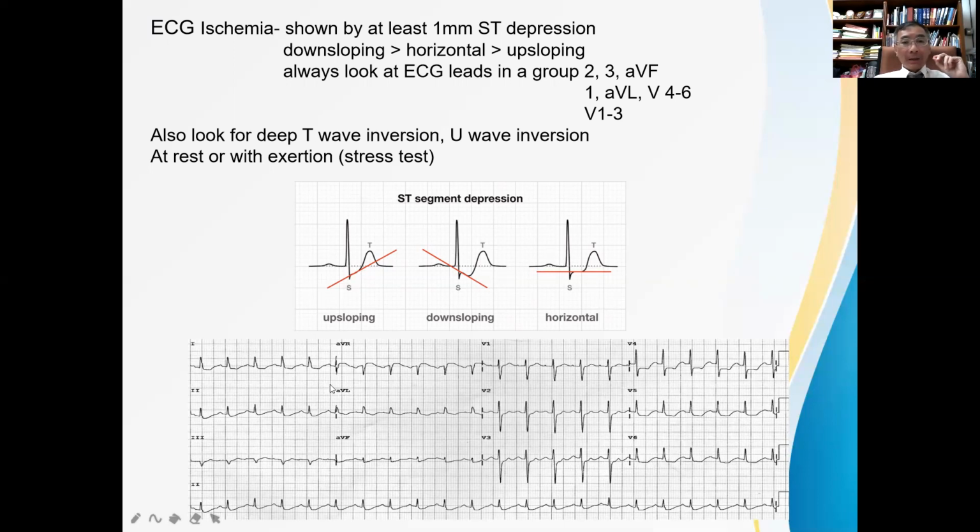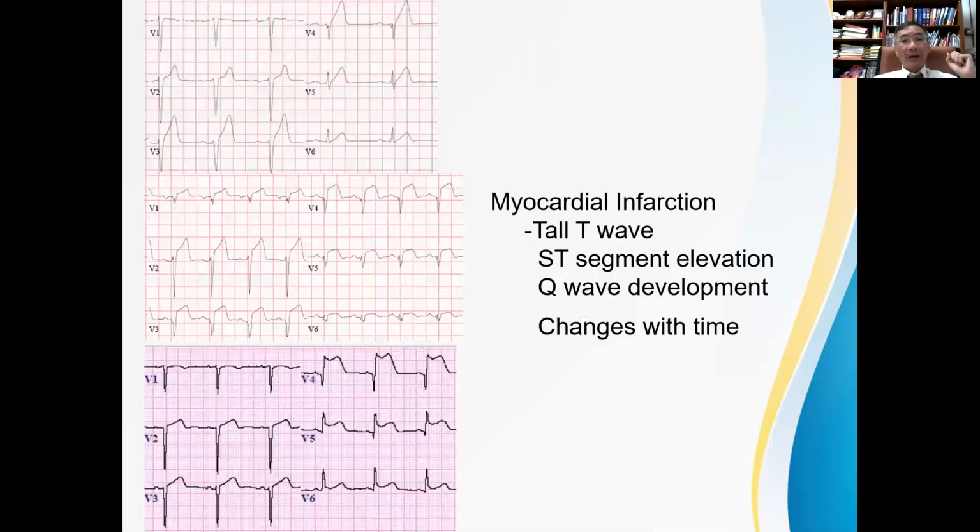Also in lead 1 and to a lesser degree in AVL. So this is a patient with ischemia, especially in the lateral part of the heart. Some ischemia also in lead 2 AVF, but most prominently in the lateral part of the heart.